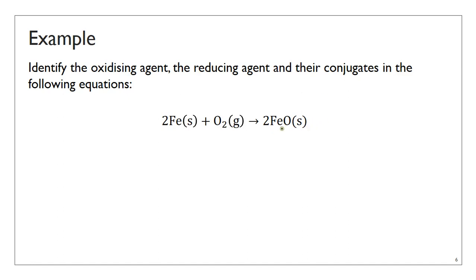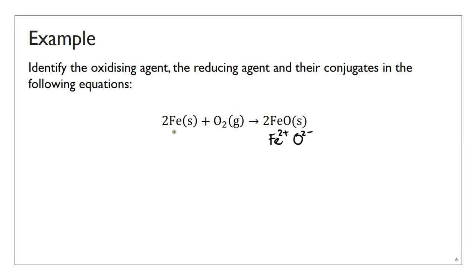What you have to do is think of this as an ionic compound. It actually contains Fe2+ and O2-, except that it's in solid form, so you can't really dissociate them. It's not dissolved in water or anything.